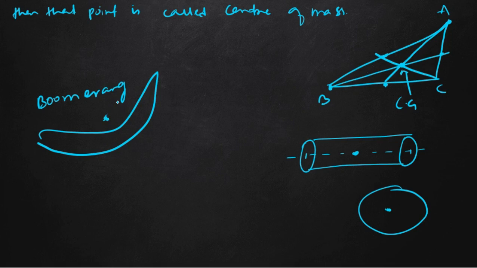So a question may be given: give one example of a body in which the center of gravity is outside the body. You have to write that it is a boomerang. Any L-shaped body has its center of gravity outside its body.